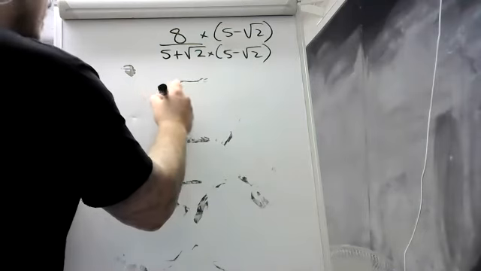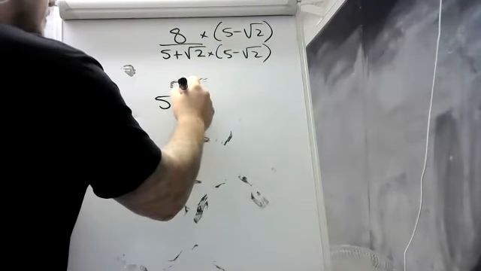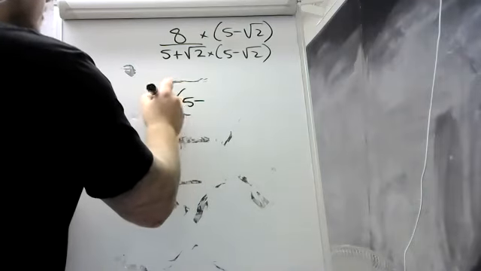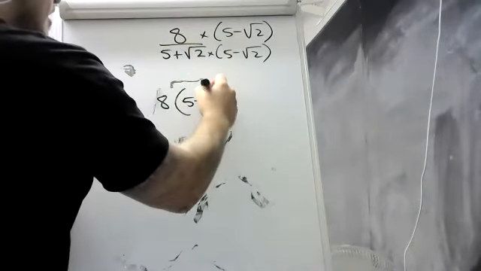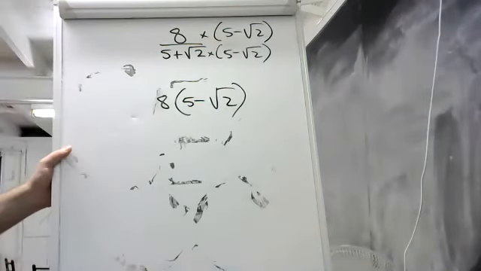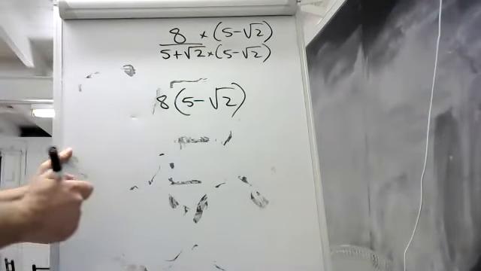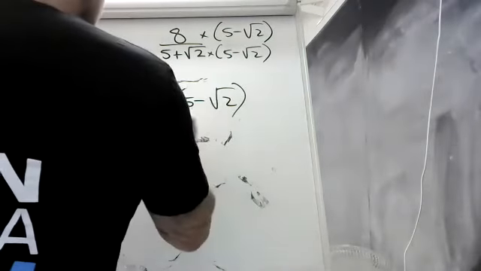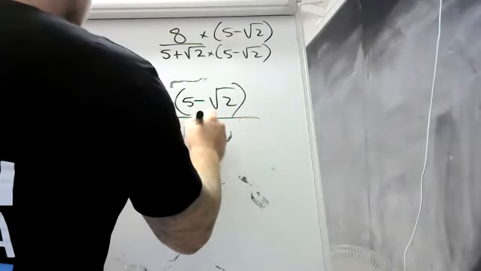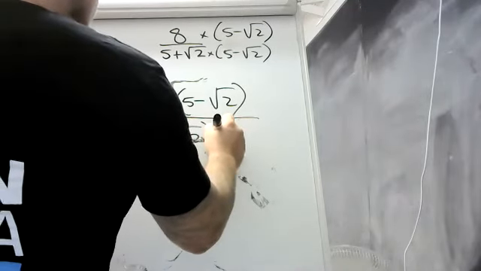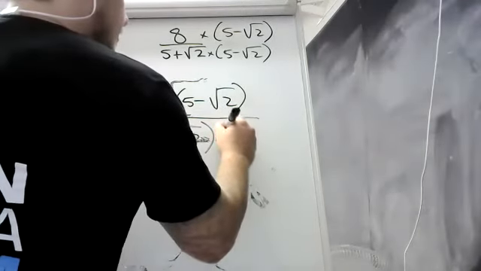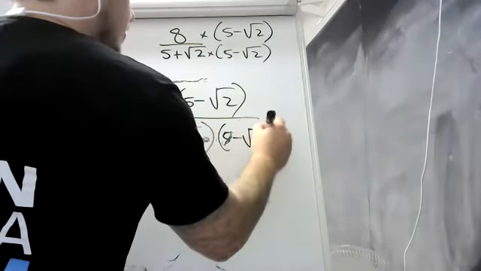On top we've got 8, and down here we've got 5 plus square root of 2, then over the other side we want to have minus, so 5 minus square root of 2.